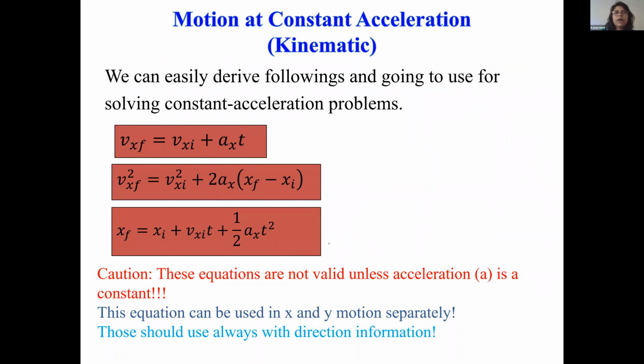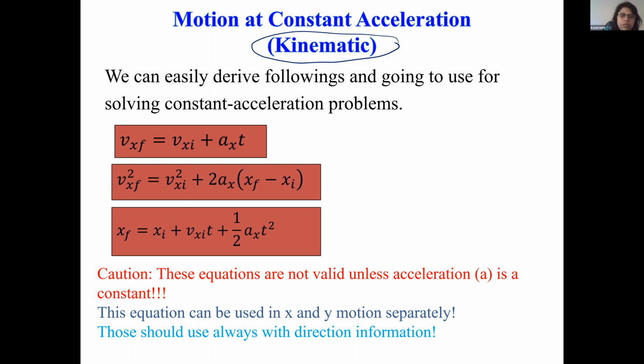Okay, so now let's move into motion at constant acceleration. When I have motion at constant acceleration, we call those kinematics problems. Kinematics problems mean you are basically talking about displacement, velocity, acceleration, and time. Those equations are valid again when there is constant acceleration, and they are valid for the x direction, y direction, or any other direction, right?